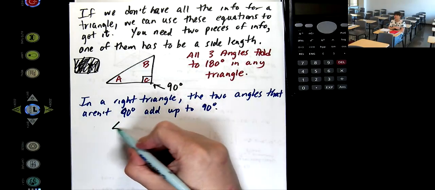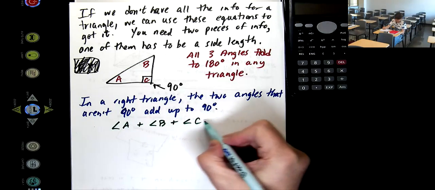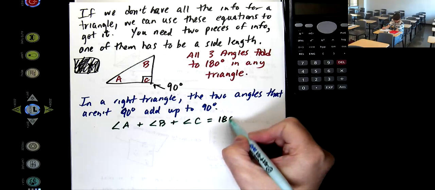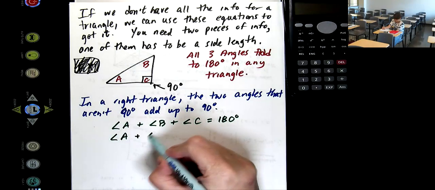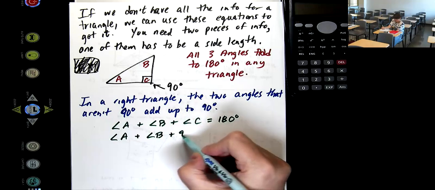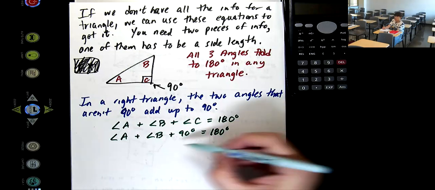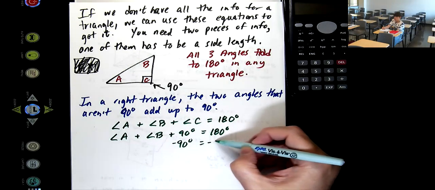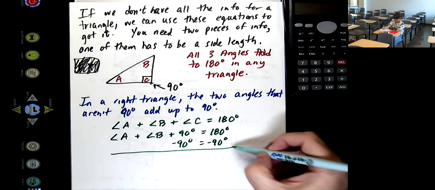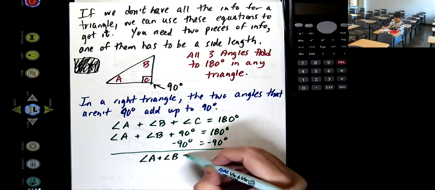And I'll kind of show that. Angle A plus angle B plus angle C add up to 180 degrees. But angle C is 90 degrees. We subtract the 90 over. And I get angle A plus angle B equal 90 degrees.